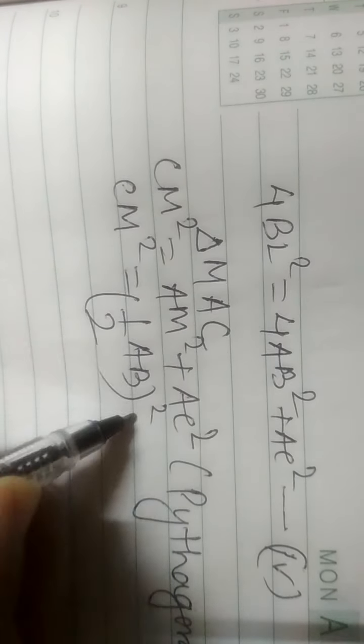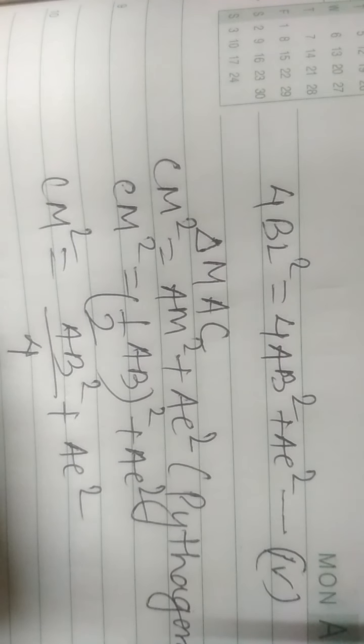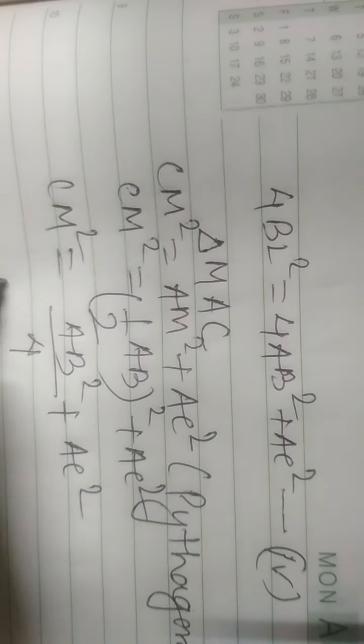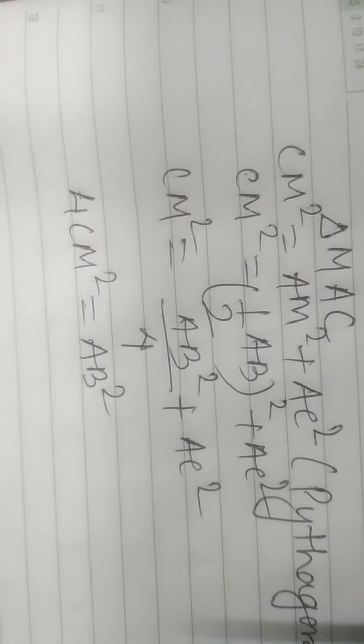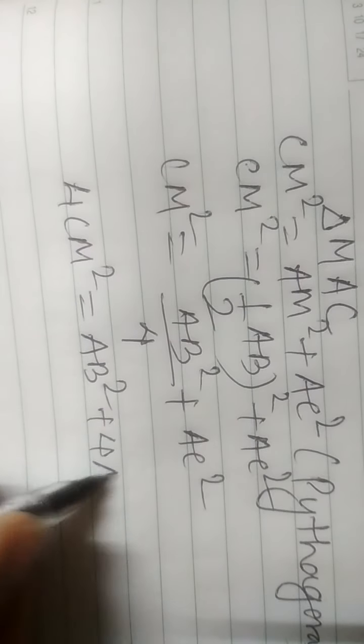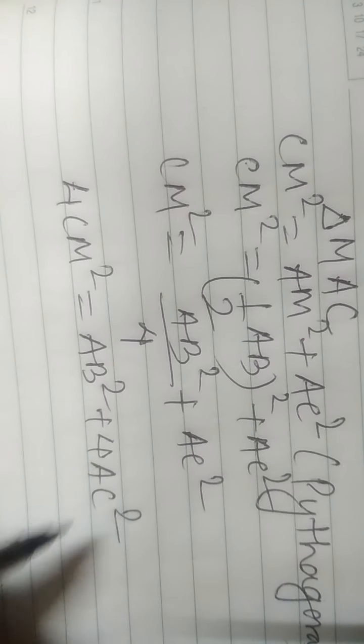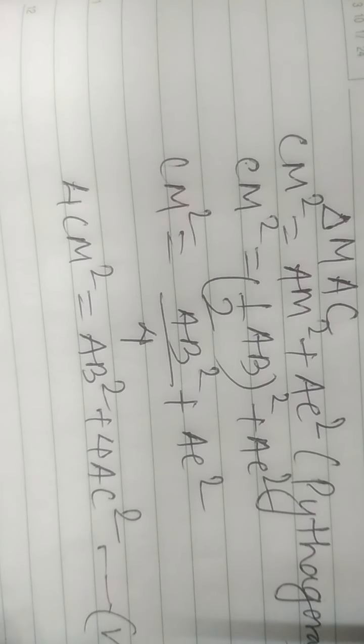AM square can be written as half of AB square, squared, because M is the midpoint. So CM square equals AB square upon 4 plus AC square. Then 4CM square equals AB square plus 4AC square. Put it as equation 5.